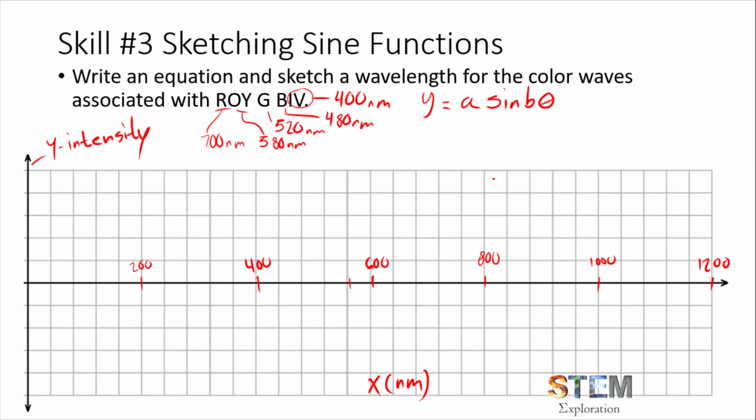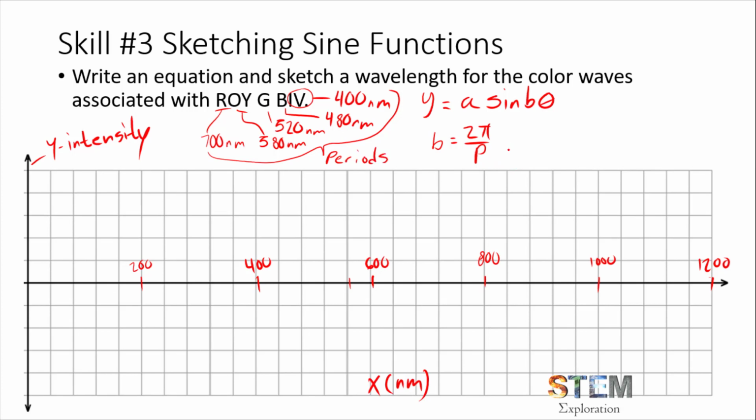So b is equal to 2 pi divided by the period. Well, what's the period of light? That's what a wavelength is. So all these values I have written here are different periods.